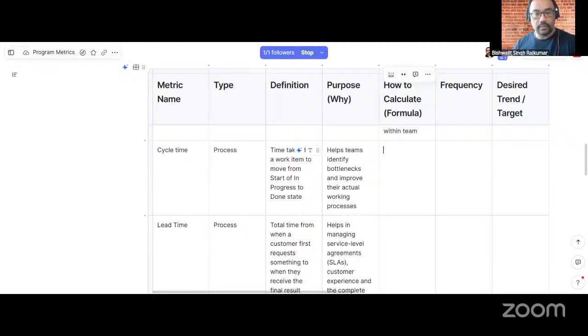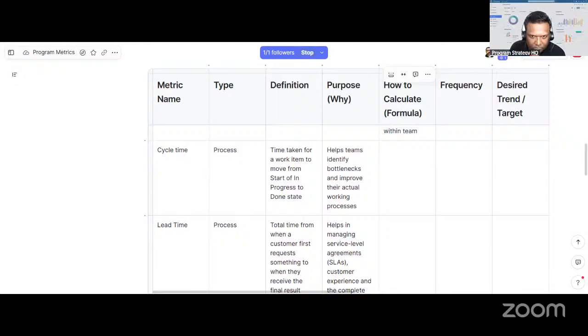How to calculate cycle time? I think it's very straightforward in that case. The completion date minus the start date.